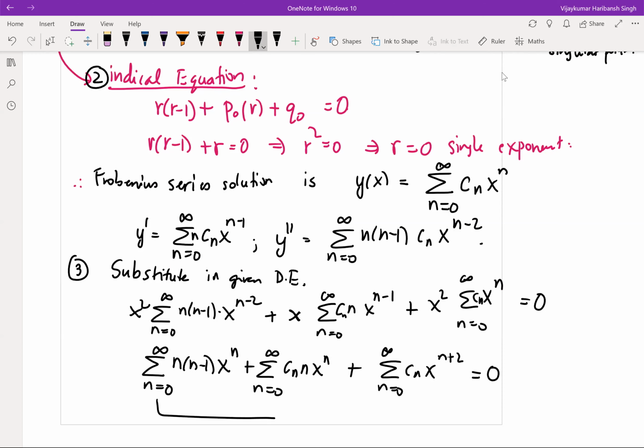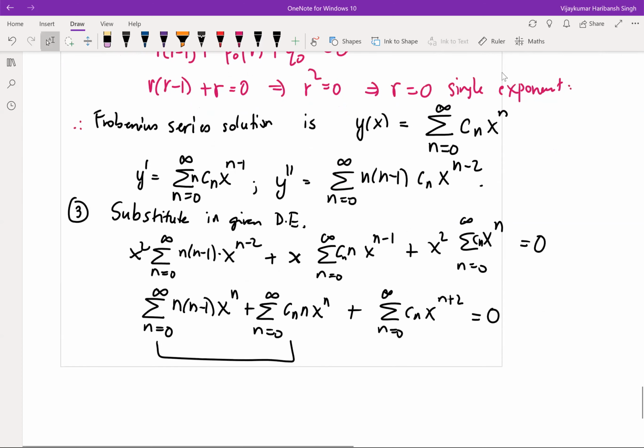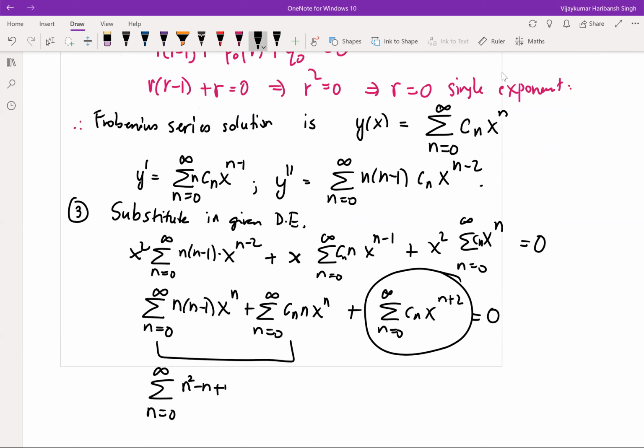Now we can combine these two, and this one we have to shift the indices. So if you shift the indices, you'll get summation n equals 0 to infinity (n squared minus n plus n) times Cn x to the n.